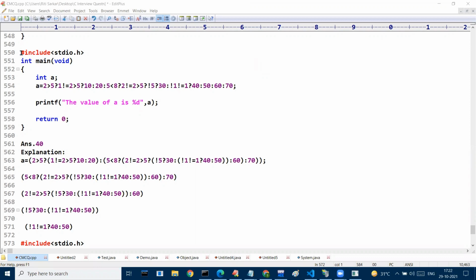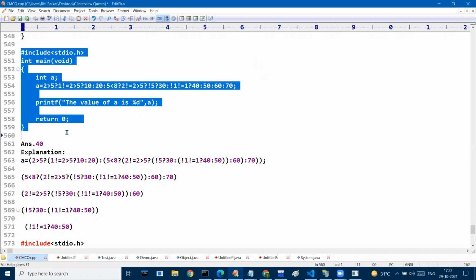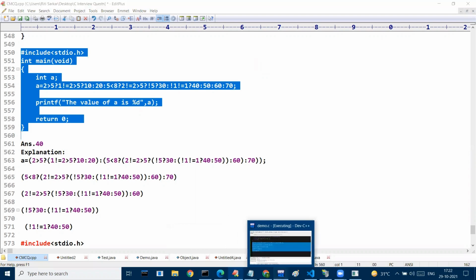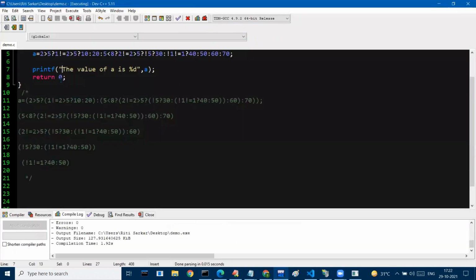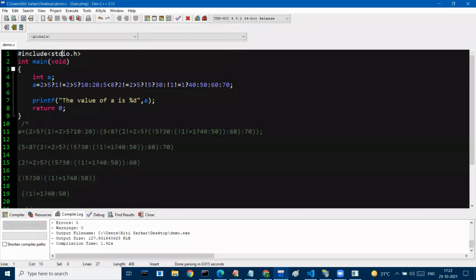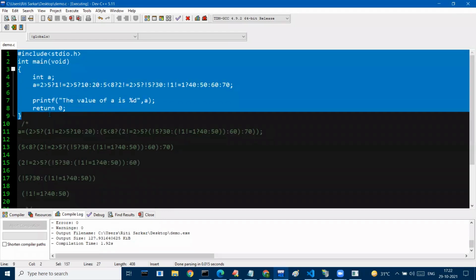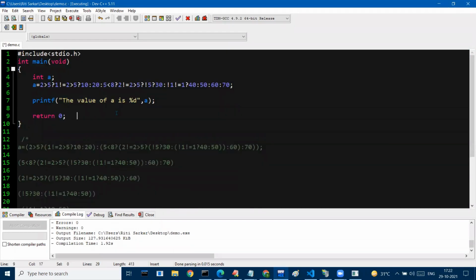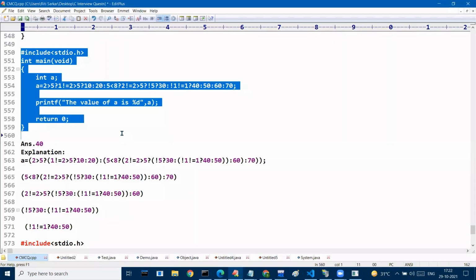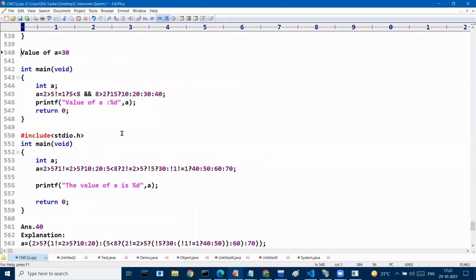Now, let us go for this one. This one is comparatively a bit easier because the expression is not as complex as the previous one. I hope you have already copied the same one, guys.